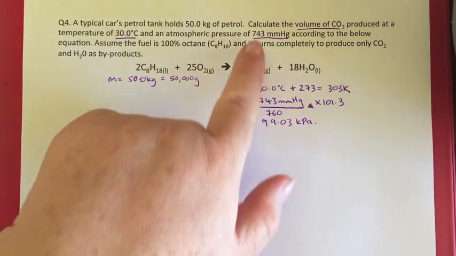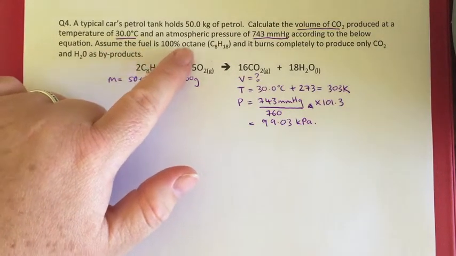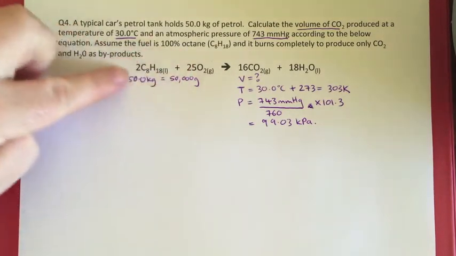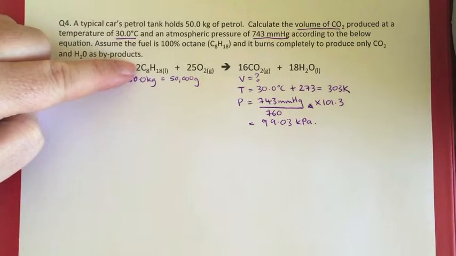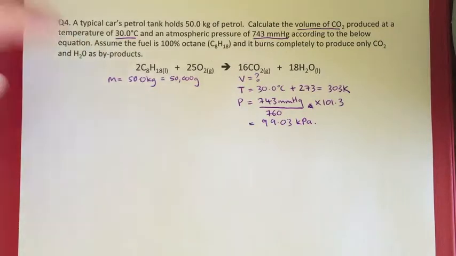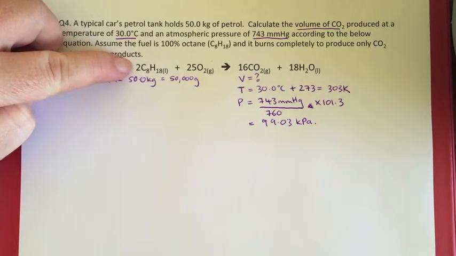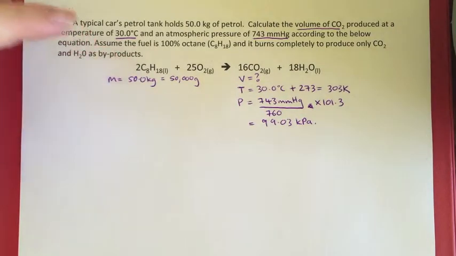Where are we up to? We've done our 743 millimeters mercury. Assume the fuel is 100% octane, so we're not dealing with an impure octane. Octane can come in different purities, like when you go to the petrol station, it's 91% or unleaded 95.